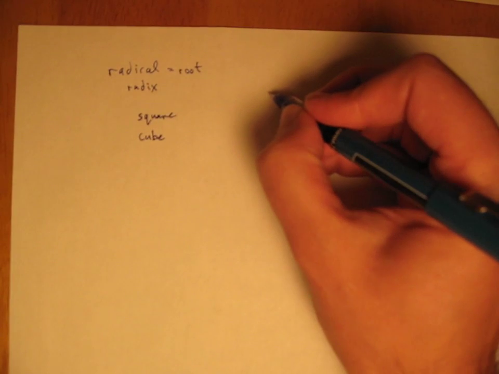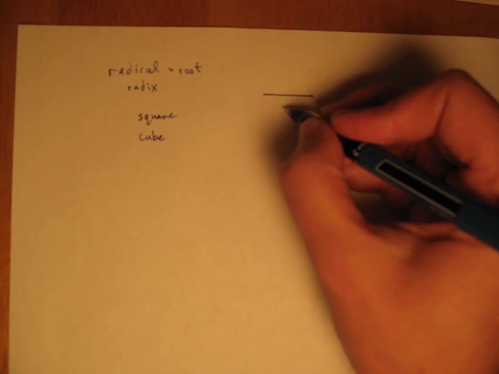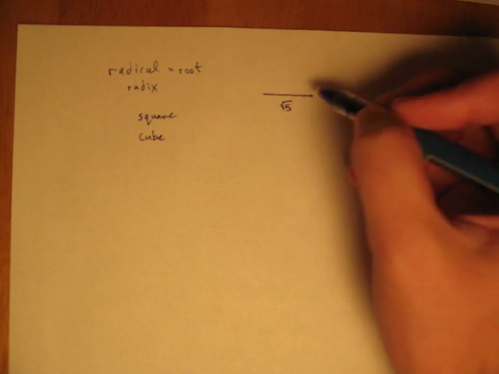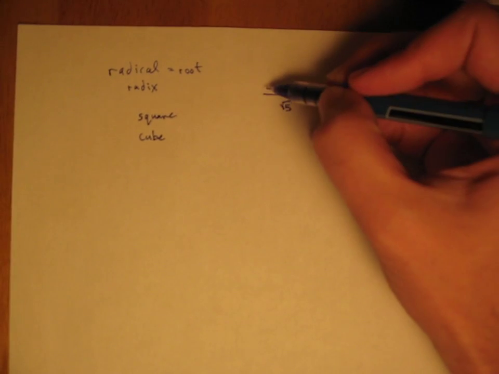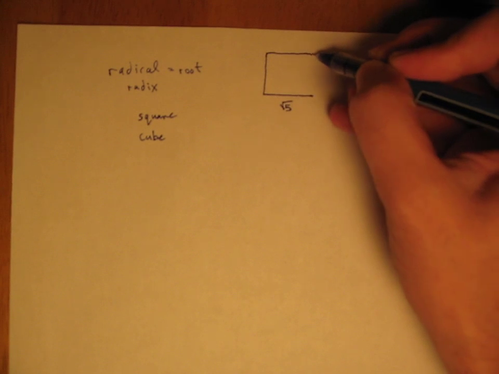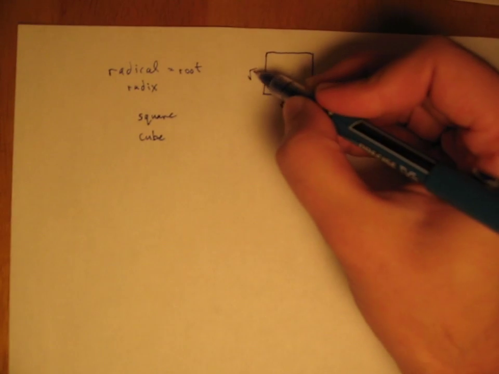if you think of some line like this and you want to think of it as being the square root of 5, well, this line can generate a square. There's a square that you can put on it like this, and the area of that square is 5, right?